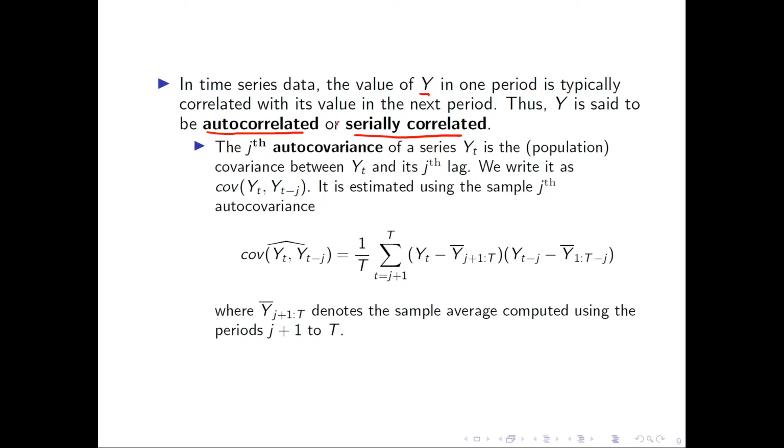And correlation and covariance are related, so we start with the autocovariance because this is a bit easier to grasp and calculate. So the jth autocovariance of a series is just the covariance between yt and its jth lag. So we just write covariance between yt and yt minus j.